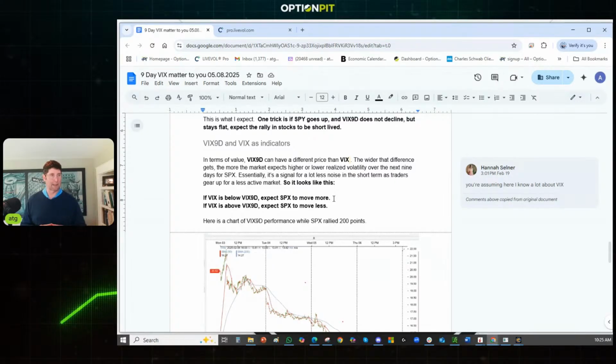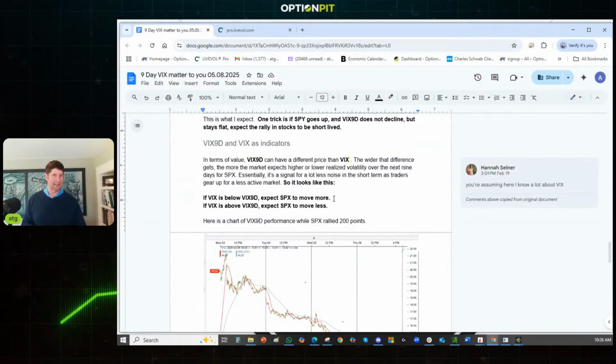The candle should be getting smaller. So today it looks like probably the first day of the week, maybe we get a little bit more gentle of a rally if this starts to build into the end of the day. If your VIX is above the 9-day, meaning VIX is a little bit higher than the 9-day volatility, right? You're going to expect SPX to move less.